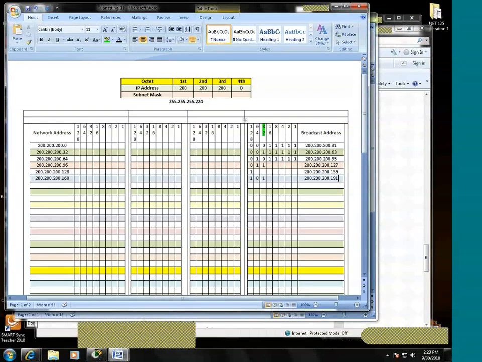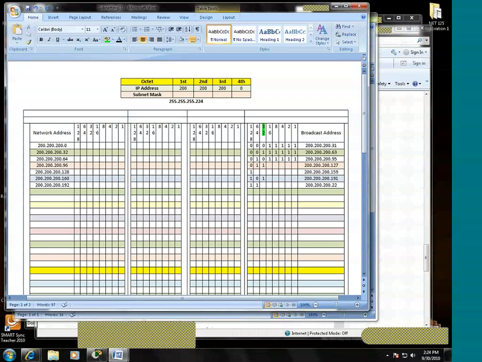Okay, and what's the next least combination? 192, so there'll be a 1 here. Okay. And what's this value going to be? Okay.